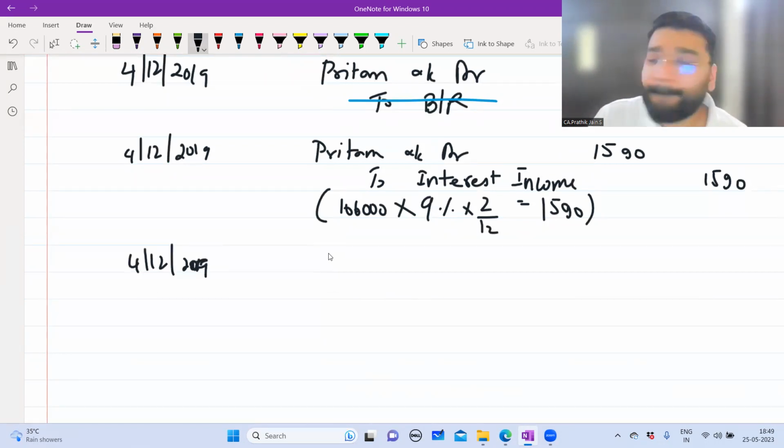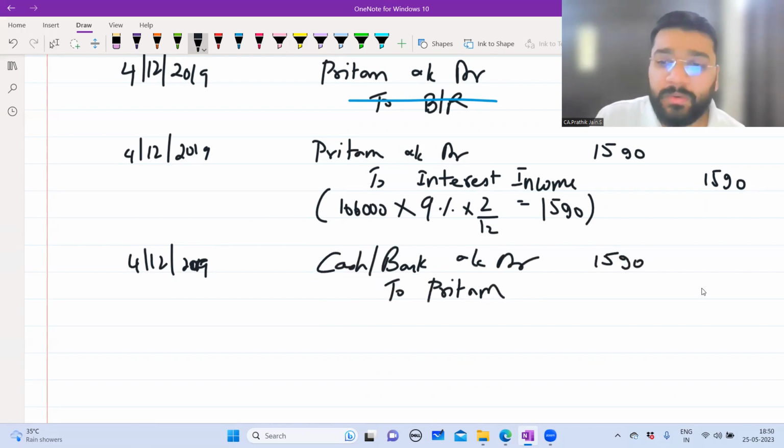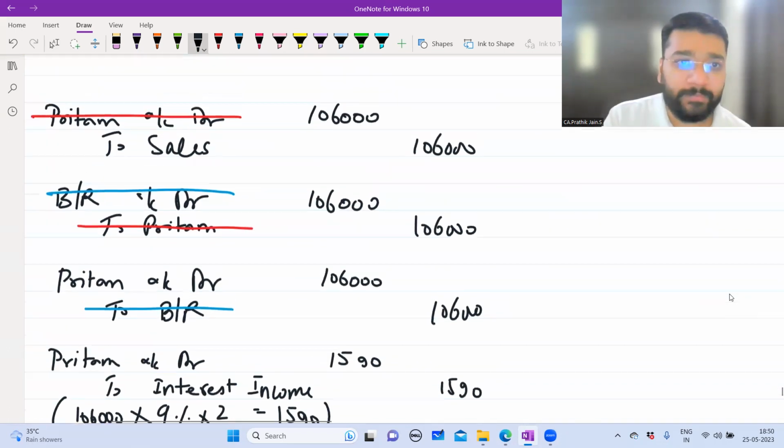Cash or bank account debit, because we are receiving money, to Preetham, 1,590.